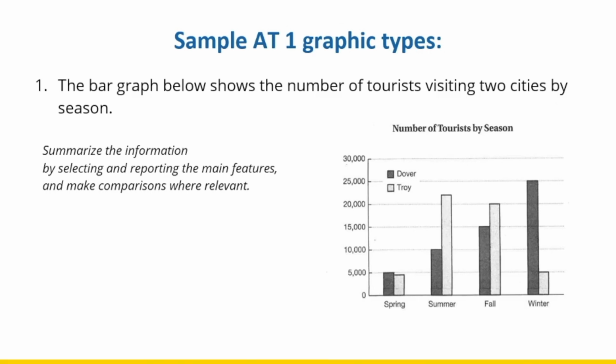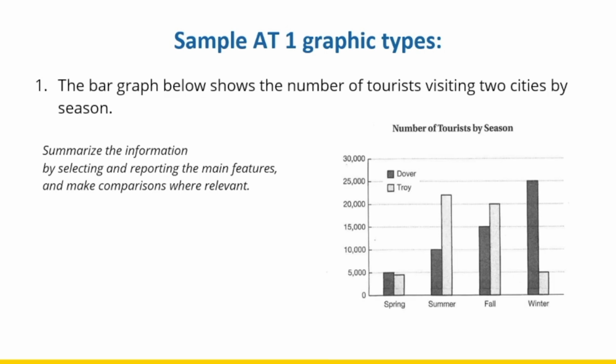So these numbers represent the number of people who are coming to these 2 cities by season, and we have 4 different seasons: spring, summer, fall, and winter. As you see, the most popular time to travel to Dover is winter, and the most popular time to travel to Troy is summertime. And for example, in winter, 25,000 people come to Dover, and in the summer, it's a little bit over 20,000.